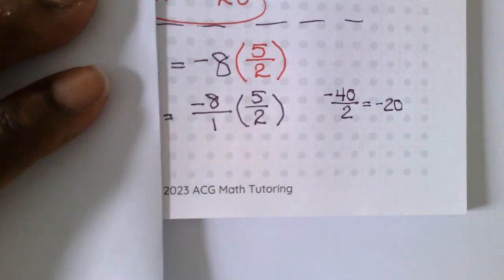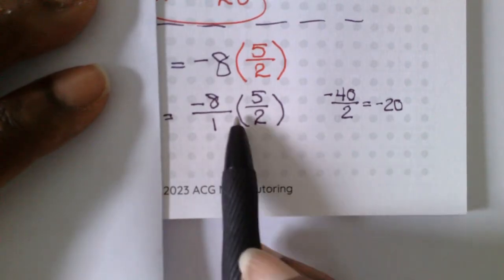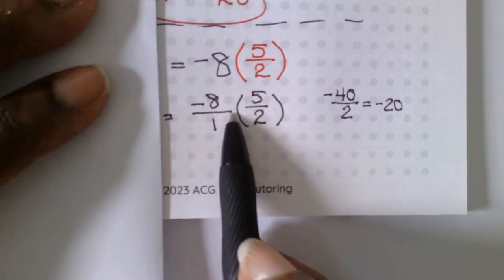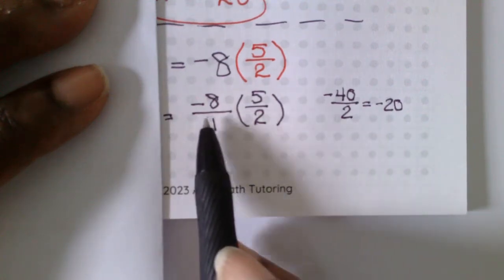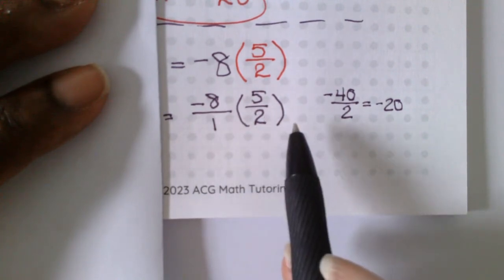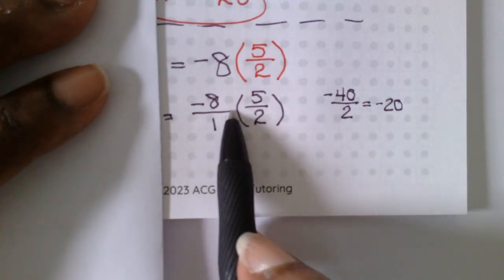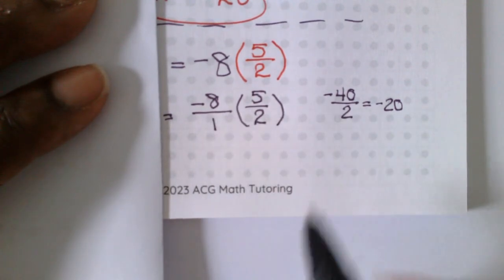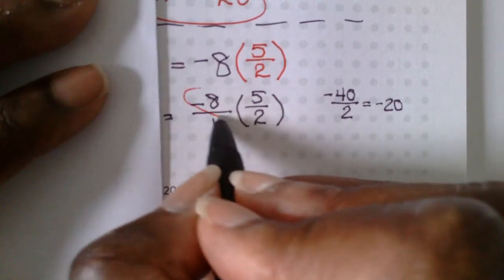Or you can do what's called cross simplify. There you go, Barry. There is not an equal sign in between. When there's an equal sign in between two ratios or two fractions, that's cross multiplying. When there isn't an equal sign, it's called cross simplifying.